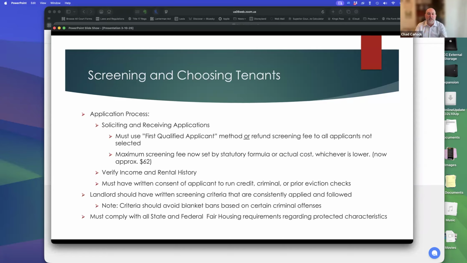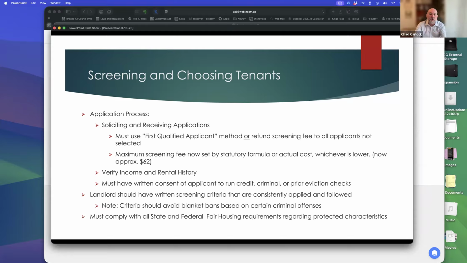So I want to start with the process of screening and choosing tenants. There have been some legal changes over the last few years that have narrowed down and put some more constraints on the processes that you're supposed to use in order to select new tenants.